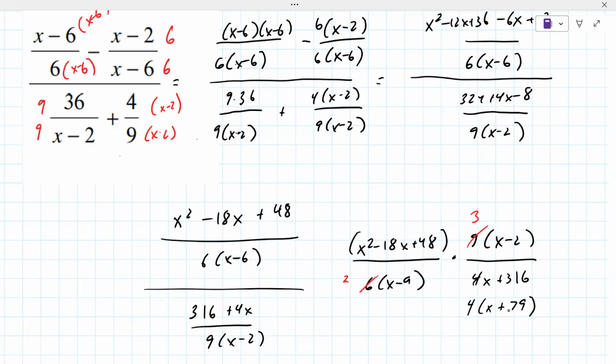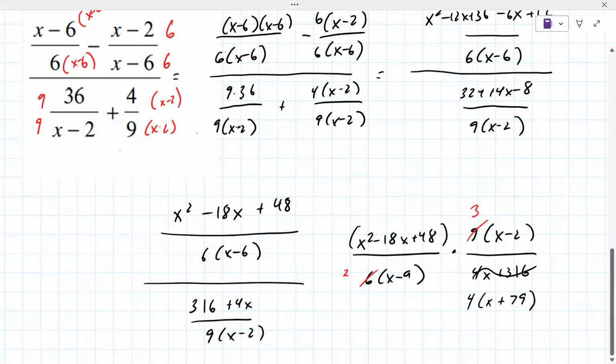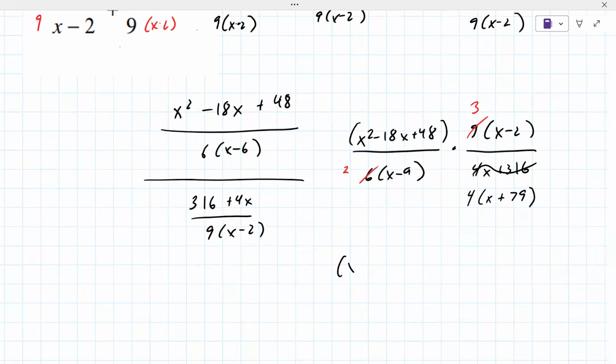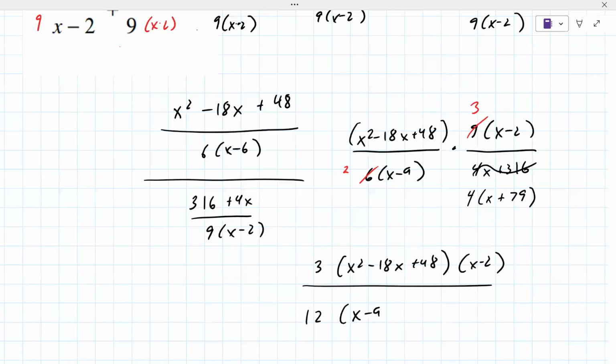But that doesn't really do much, because it can't cancel with anything else there. So if 3 out in front, you could put a 12 out in front, x minus 2, x minus 9, x plus 79. There's your final answer.